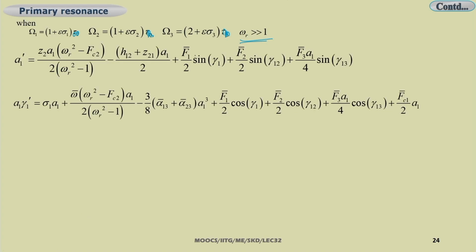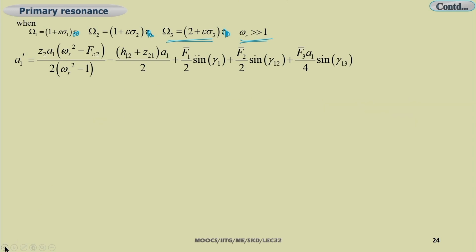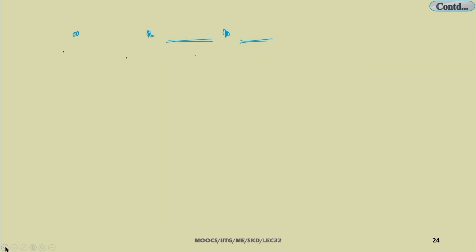One can write omega 1 equal to 1 plus epsilon sigma 1, omega 2 equal to 1 plus epsilon sigma 2, and in case of 3 it is taken to be 2 plus epsilon sigma 3.